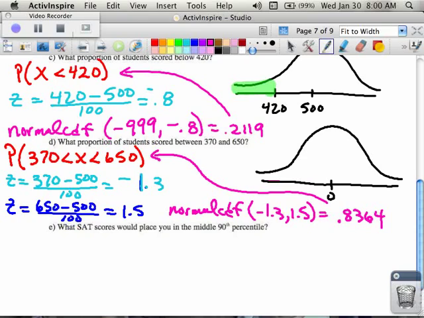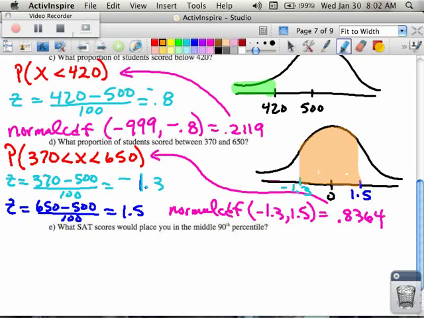Then I would put on my graph negative 1.3 and positive 1.5, and shade everything in between to indicate to my reader. Why do you write down the z-scores? So you can use normal CDF.